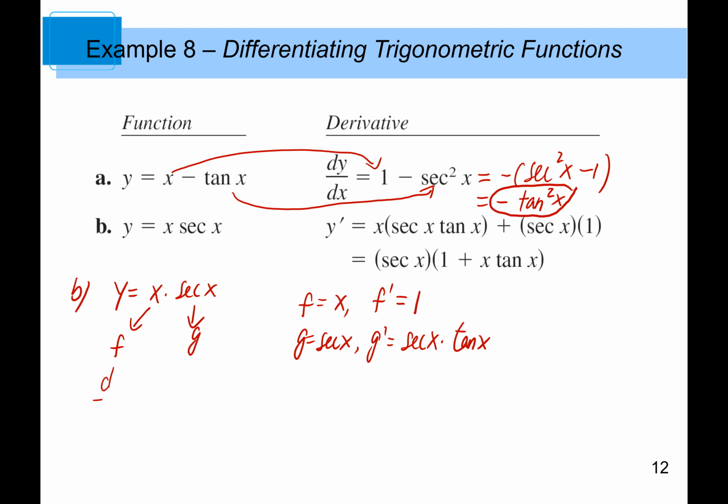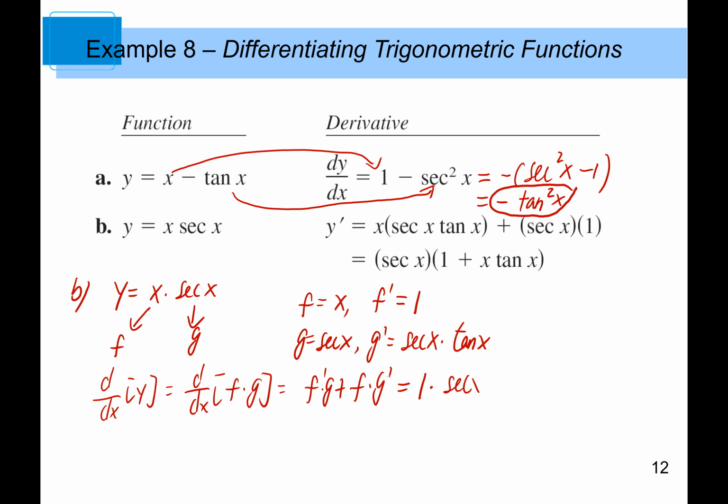So dy over dx, where y is f times g, is f prime g plus f times g prime. f prime is 1 times g, secant x, plus f, which is x, times g prime, which is secant x times tangent x.